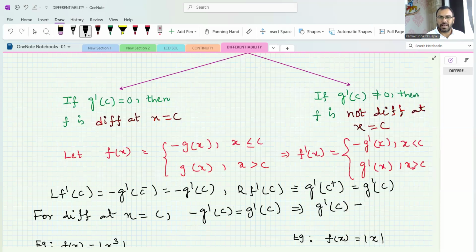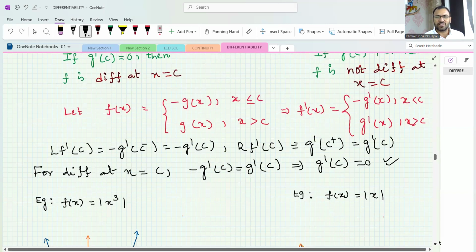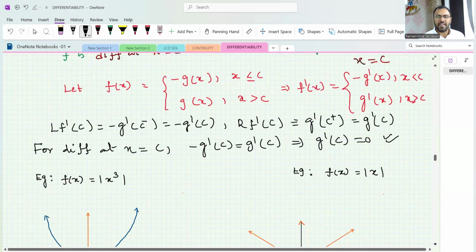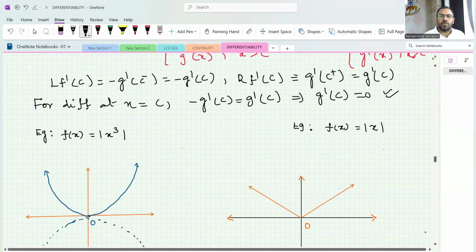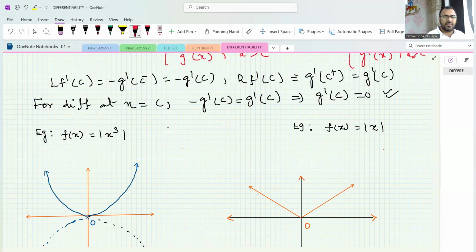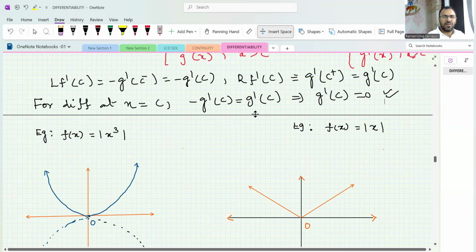Wow, nice result we have proved. So if g dash of c is not equal to 0, then minus g dash of c is not equal to g dash of c. So this is a very good and very, very important concept to decide the non-differentiable and differentiable points of a modulus function.